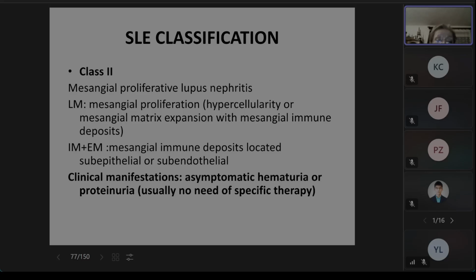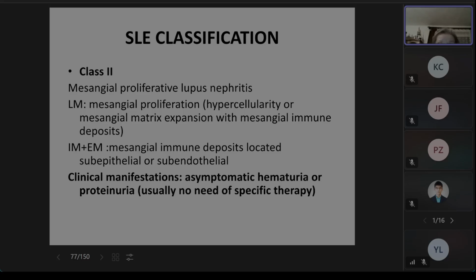Class 2 is mesangial proliferative glomerulonephritis. On light microscopy, you can see the proliferation of the mesangial cells and the increase of mesangial matrix. And under immunofluorescent microscopy, you can see some immune deposits located subepithelial and subendothelial.